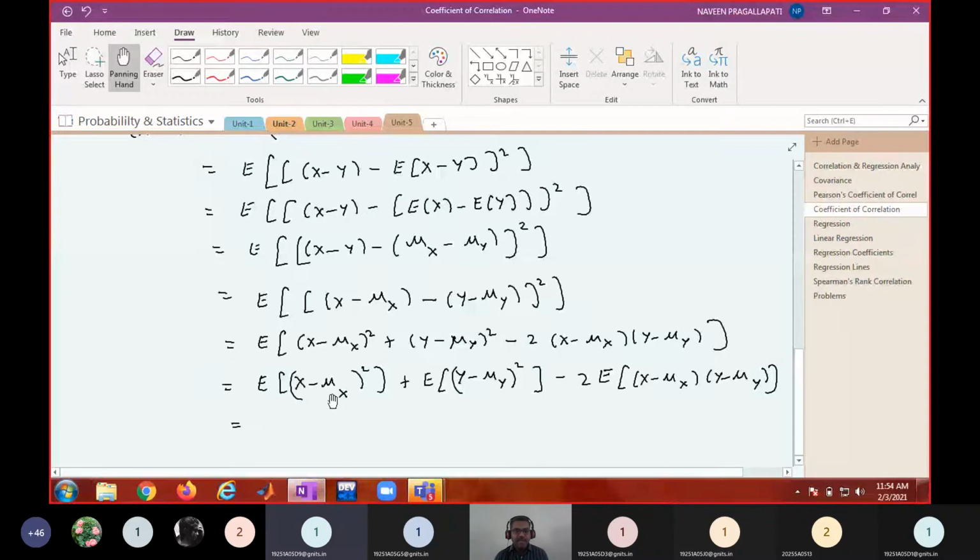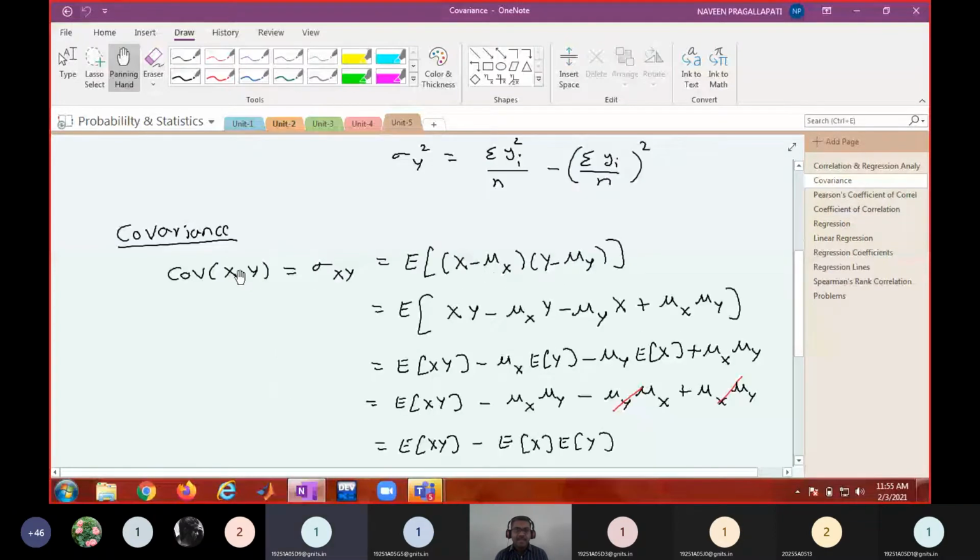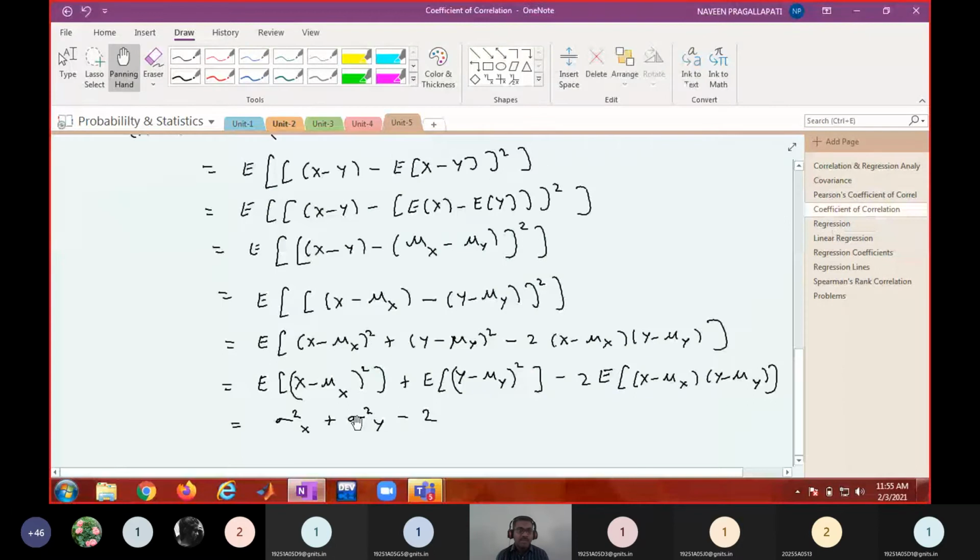Variance of x. Variance of x plus variance of y minus 2 times what is this? Expectation of x minus mu x into y minus mu y. This is nothing but covariance. Do you identify? So that is nothing but sigma xy. So this is 2 times sigma xy.